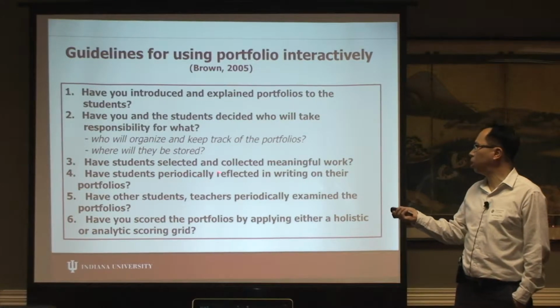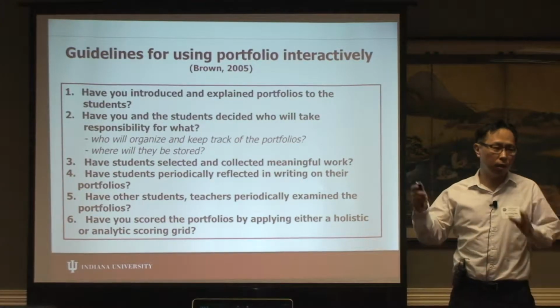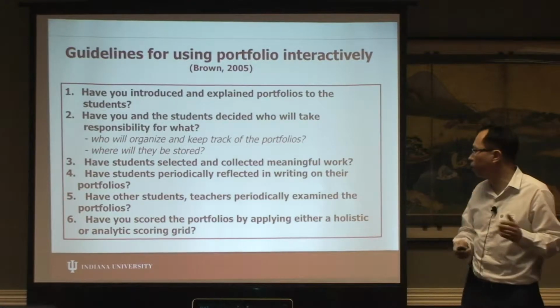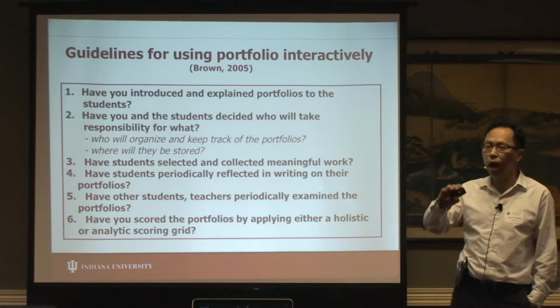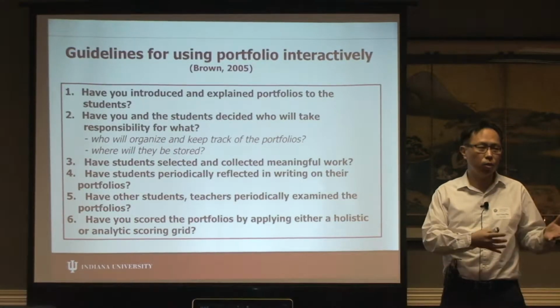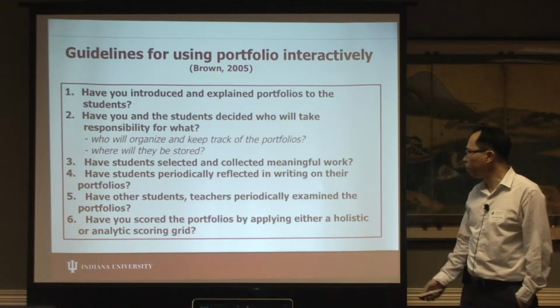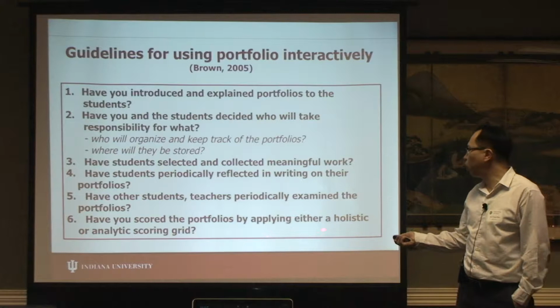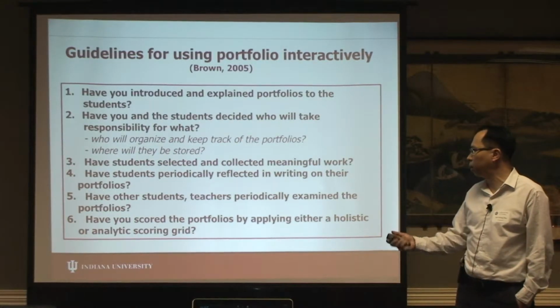The students collect the meaningful work and make sure that the works are periodically reflected on. It's also important to make sure that peers or teachers have access to those portfolios and can examine them periodically. And if you want to score them, do you have a reliable scoring system, either holistic or analytic?